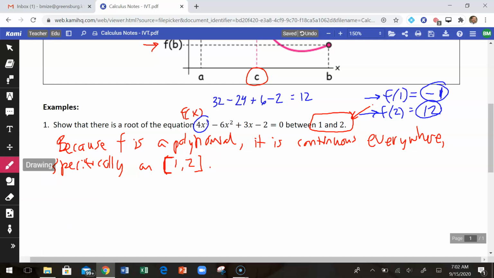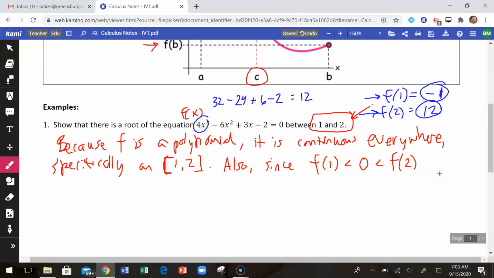So here's how I'm going to do that. Because f is a polynomial, it's continuous everywhere, specifically on the closed interval from 1 to 2. And then I'm going to say also, since f of 1 is less than 0, which is less than f of 2. Right? F of 1 was negative, f of 2 is positive, and so f of 1 is less than 0, which is less than f of 2.